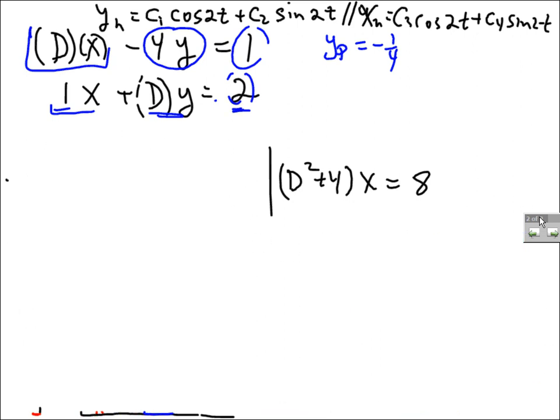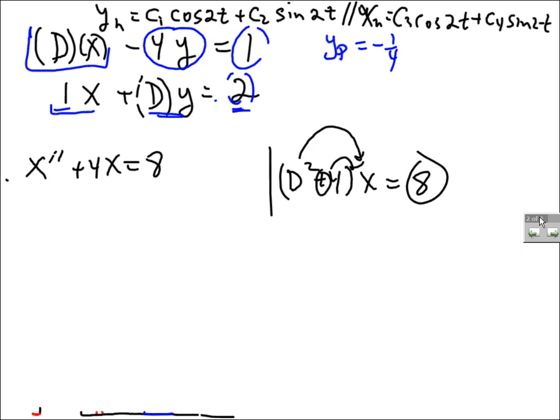Now, we do the same thing all over again for the d squared plus 4x equaling 0. That means the second derivative of x plus 4 times x must be 8. The second derivative of x plus 4 times x equals 8.